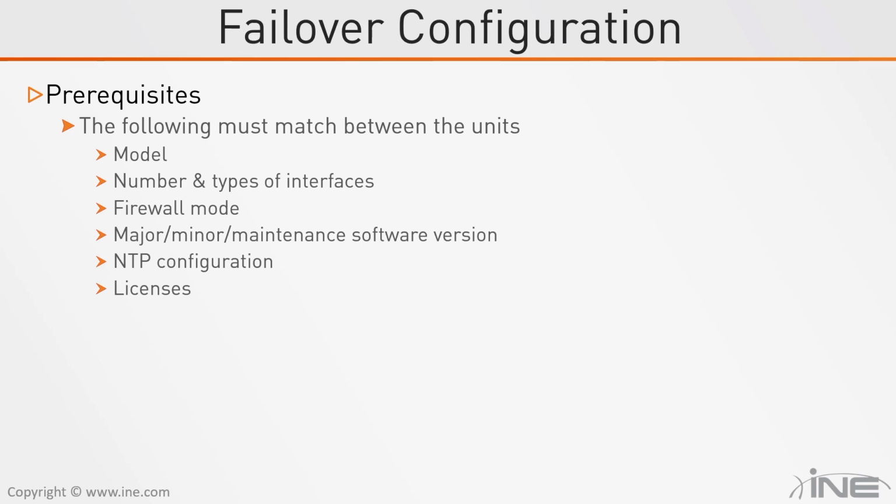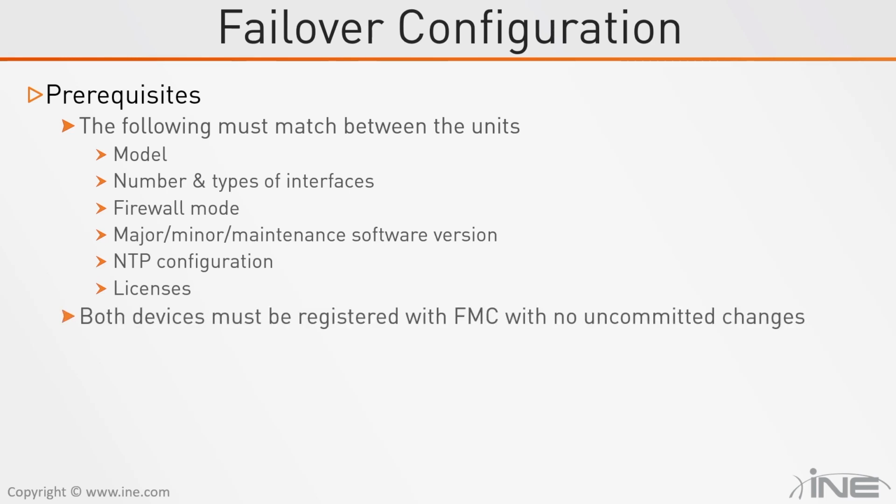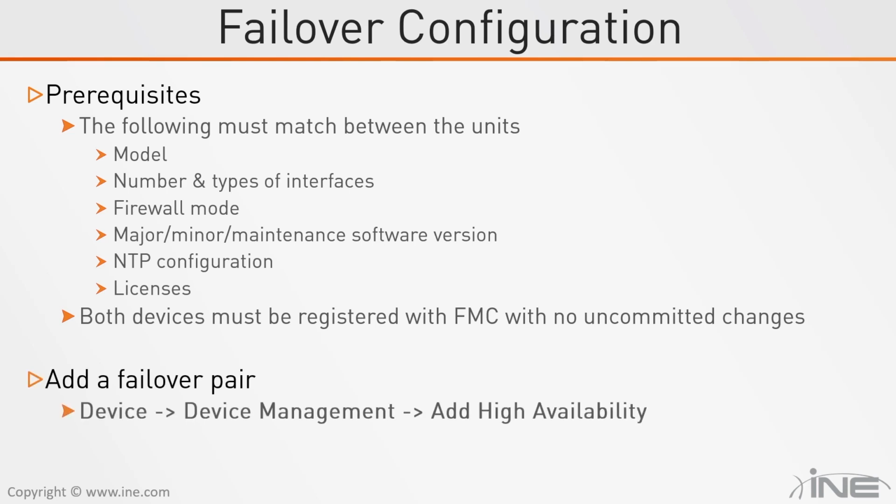It will be possible for a system to return a license to the pool and pull it as needed so that the primary and secondary devices have the same licenses after failover takes place. Okay, both devices must be managed by the same FMC, and we cannot have any uncommitted changes to those. We will do the configuration from the device management, and we will use the add high availability option.